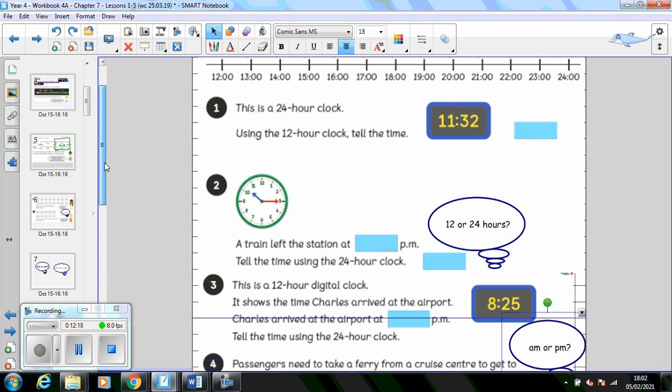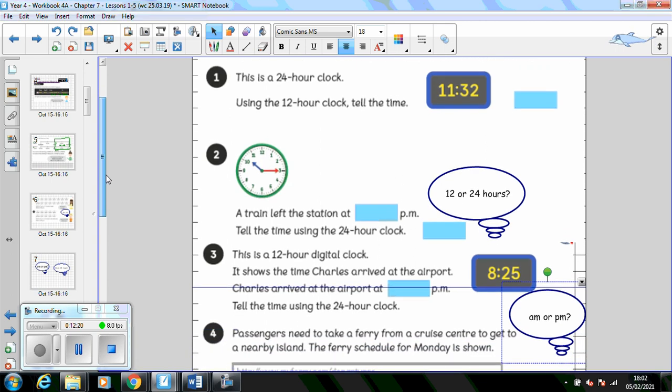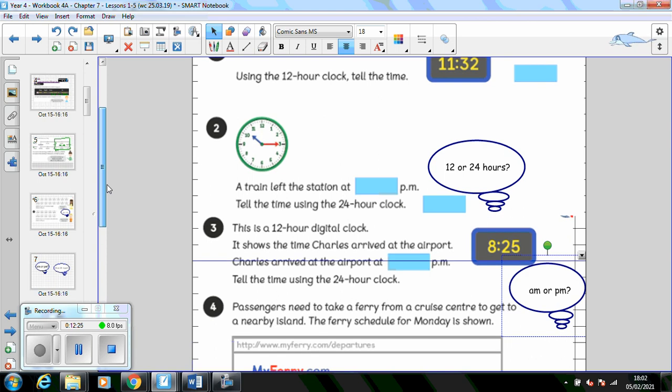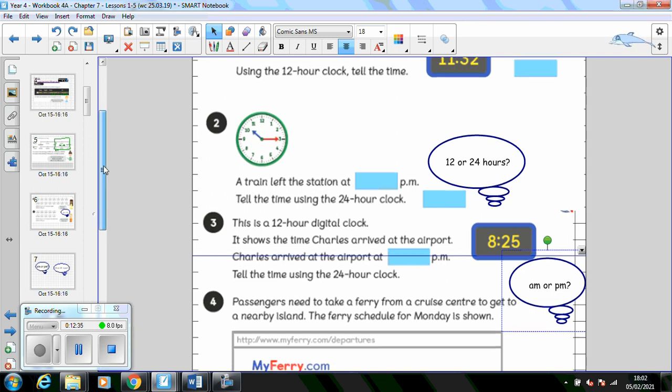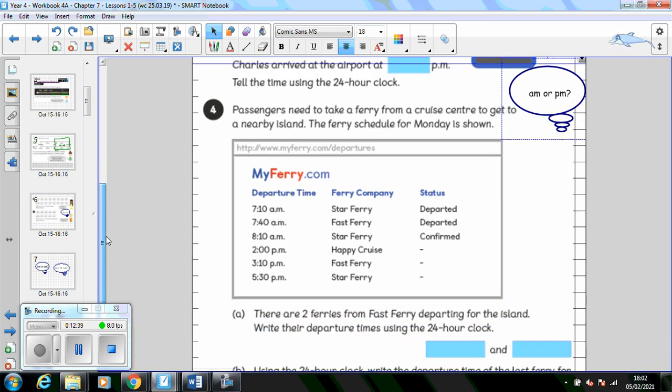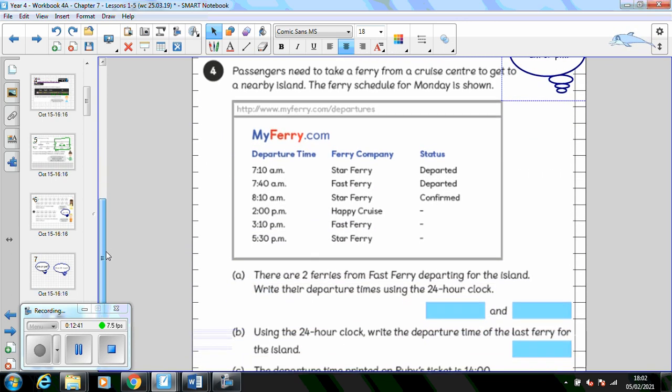It's a bit of a trick question, I think. There's questions 2 and 3. Remember to ask, is it the 12-hour clock or the 24-hour clock? And on to question 4.